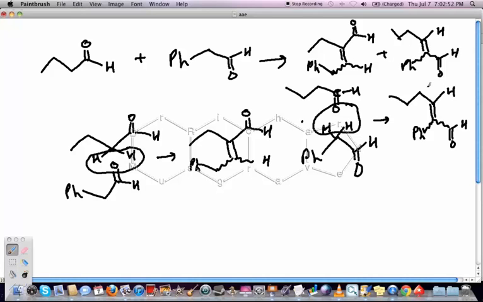This and this are definitely different, and this is happening because we have two compounds that have alpha hydrogen. So if you're going to do a cross aldol, you're definitely going to have to use one compound that has an alpha hydrogen and one compound that does not have alpha hydrogens.